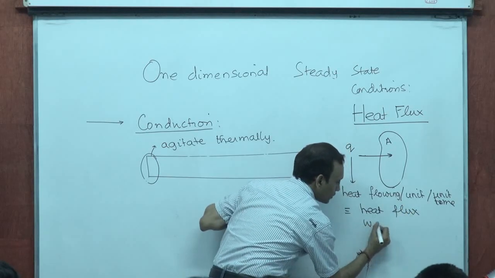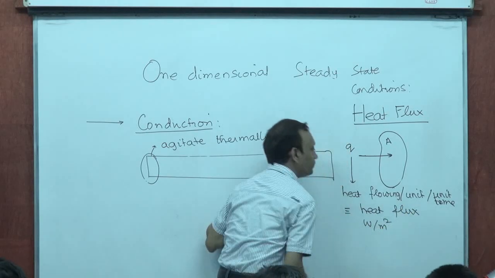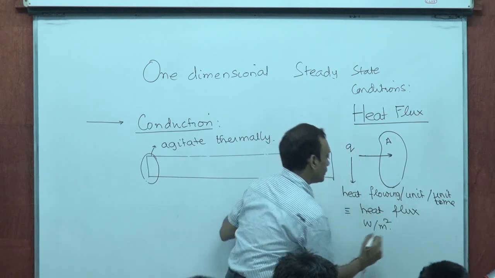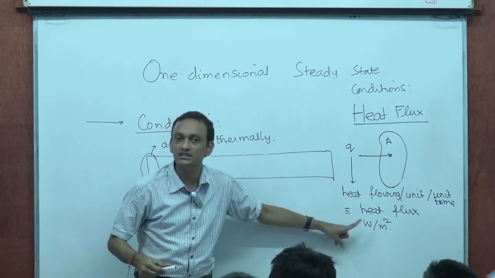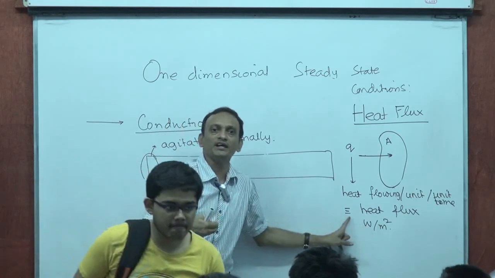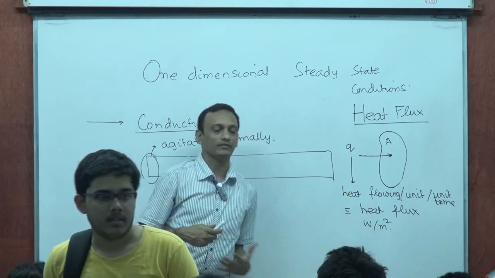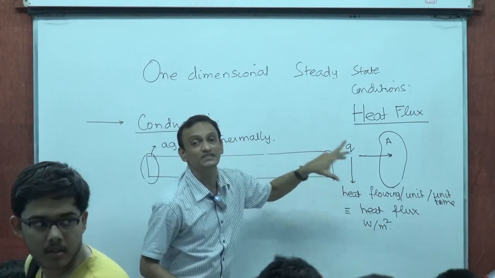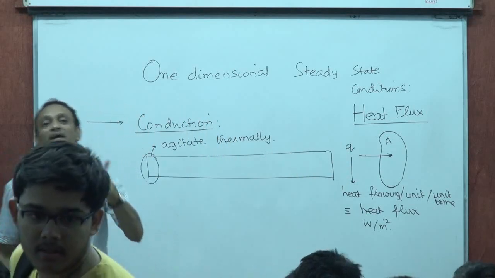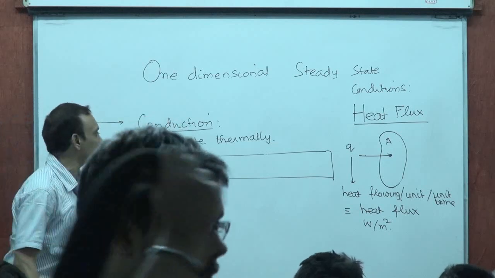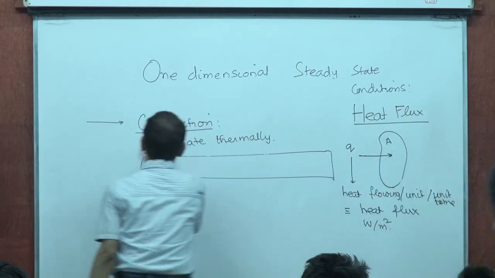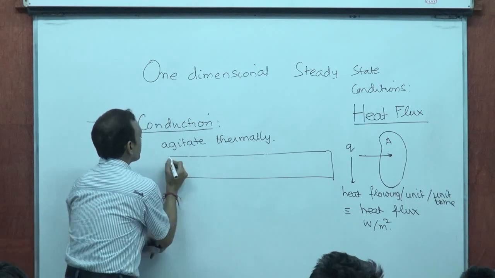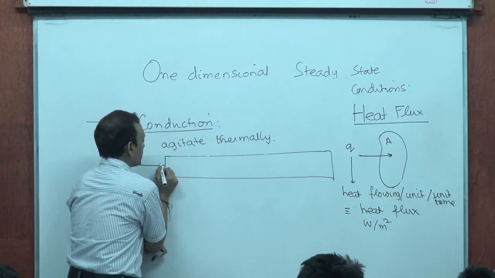Its unit is watts per meter squared. Heat per unit time is watts. Per unit area is going to be watts per meter squared, right? That's going to be referred to as heat flux. Now, by experiment, out of empirical considerations, it has been found that, let's say, there is flow of heat taking place in this direction.